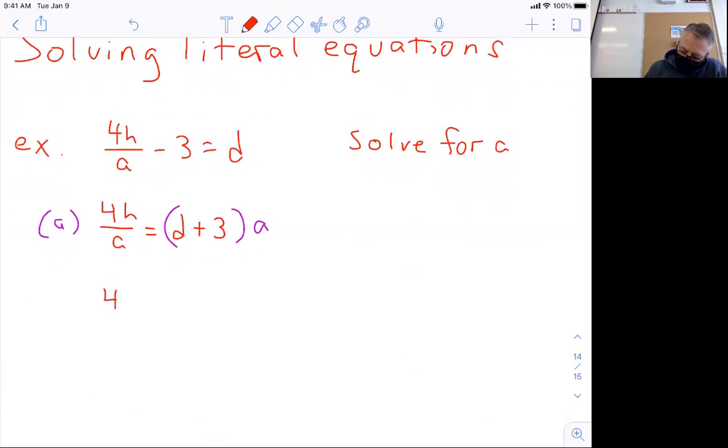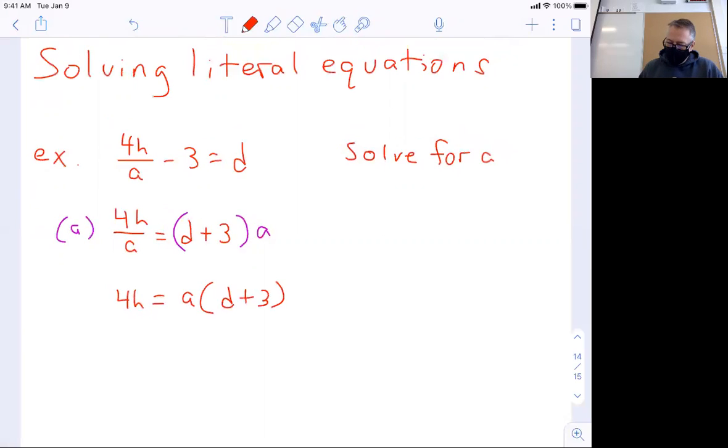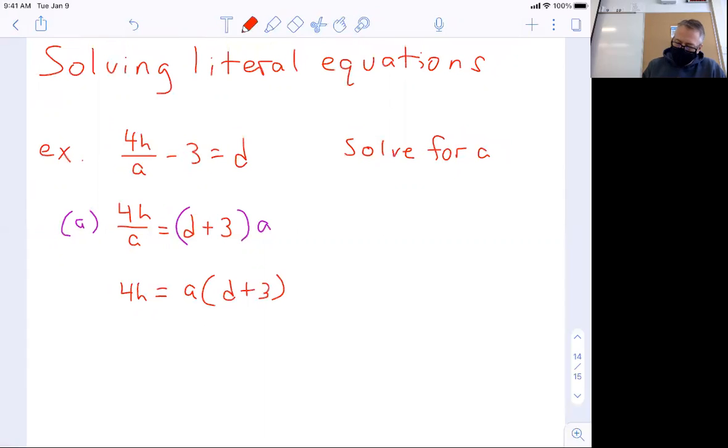So I have 4h is equal to, and I'm going to write that a out in front, but it really doesn't matter. It just looks a little more like what you'd see in a nice math book. Now to solve for a, I'm going to divide both sides by d plus 3. So a is equal to 4h divided by d plus 3. And that's our answer.